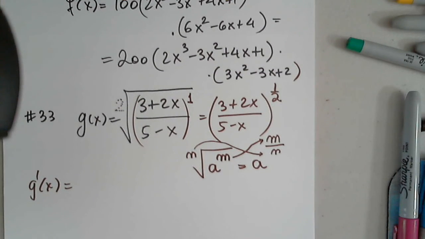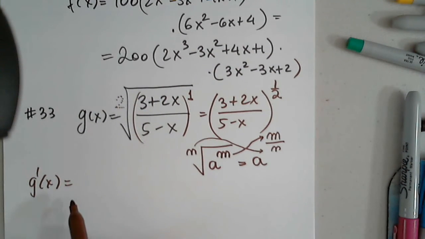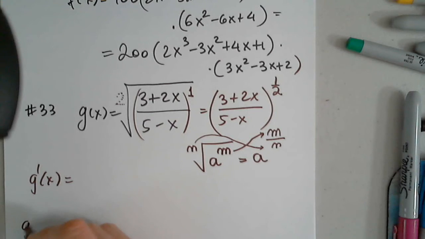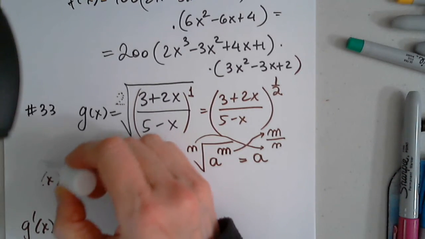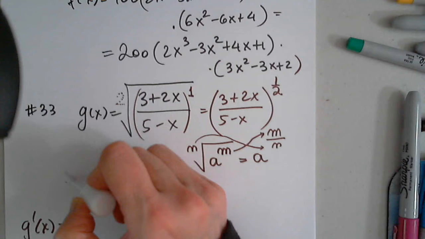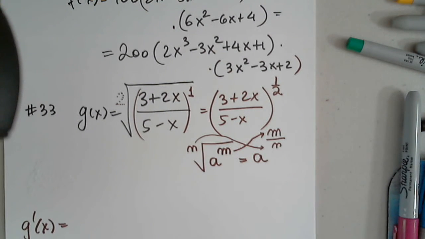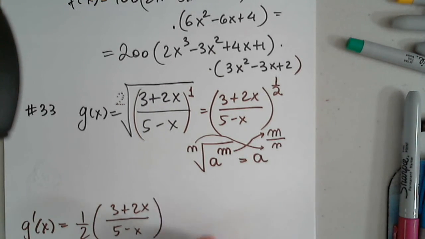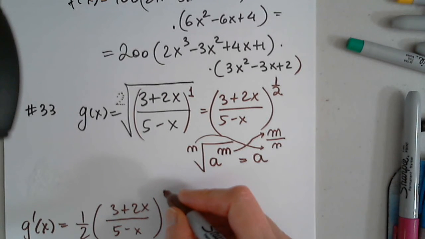Okay. Good. So g prime, can anyone help with g prime? What is the starting point? Would it be 1/2? Yes, we have to start with 1/2. Then what happens? After we put 1/2 in front, we continue with what? 3 plus 2x over 5 minus x, to the negative 1/2.